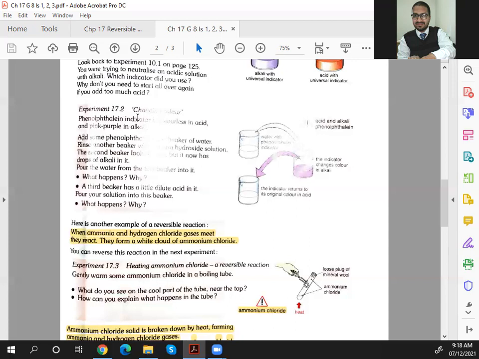Actually, sodium hydroxide is an alkali. Okay, keep it in your mind. This NaOH is an example of alkali. Yes, please. What happens? Why? A third beaker has a little dilute acid in it.